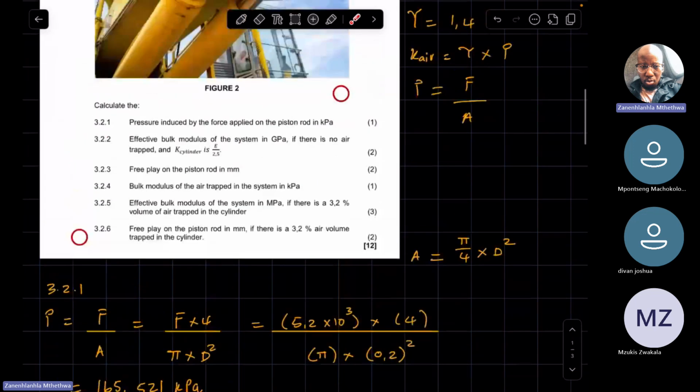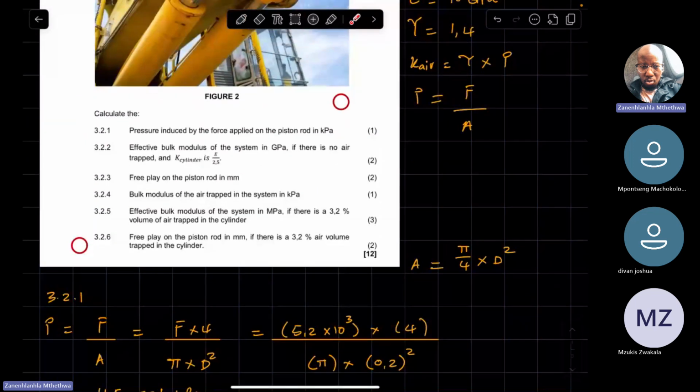Right, now free play is the same as backlash. Maybe you can refer to it as backlash. Right, backlash is the same as the clearance. So free play is the clearance between the cylinder's bottom dead center and where the piston ends up.